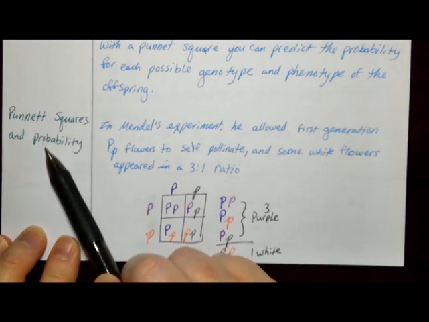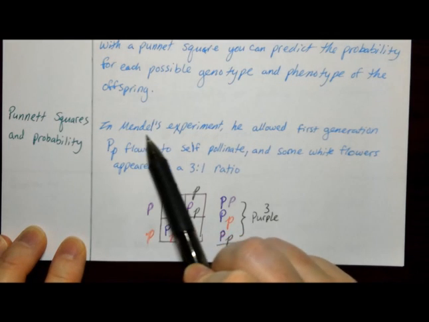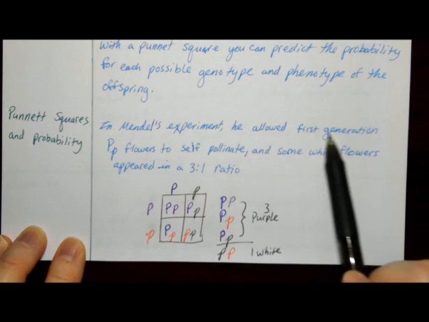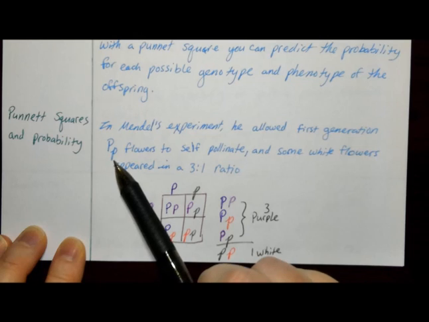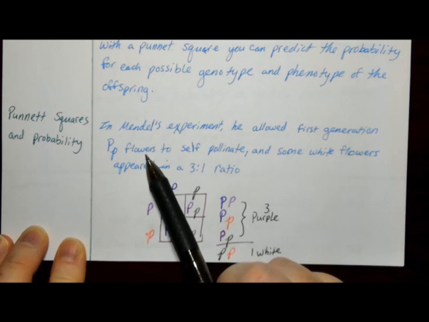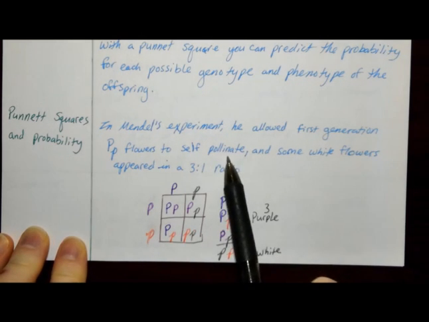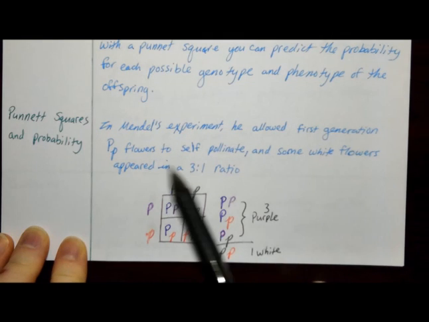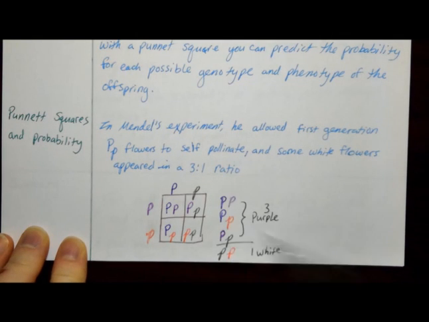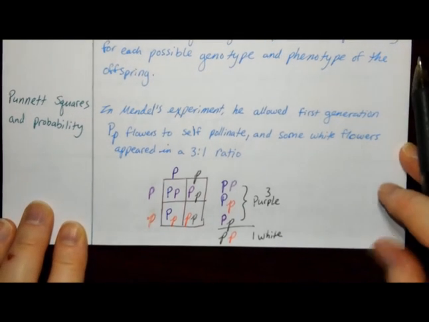So Punnett squares and probability. In Mendel's experiment, he allowed first generation capital P, lowercase p flowers, or heterozygous for purple flowers, to self-pollinate, and some white flowers appeared in a 3-to-1 ratio for the second generation.